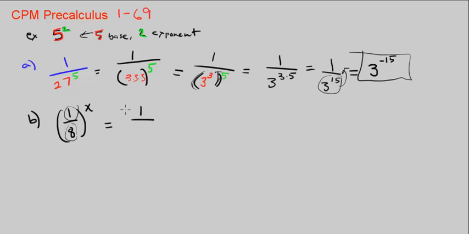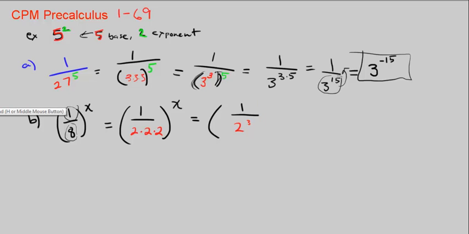We still have x as the exponent. If you notice that 8 is equal to 2 times 2 times 2, it's kind of looking for patterns. And 2 times 2 times 2 is 2 cubed. We still have the x power.